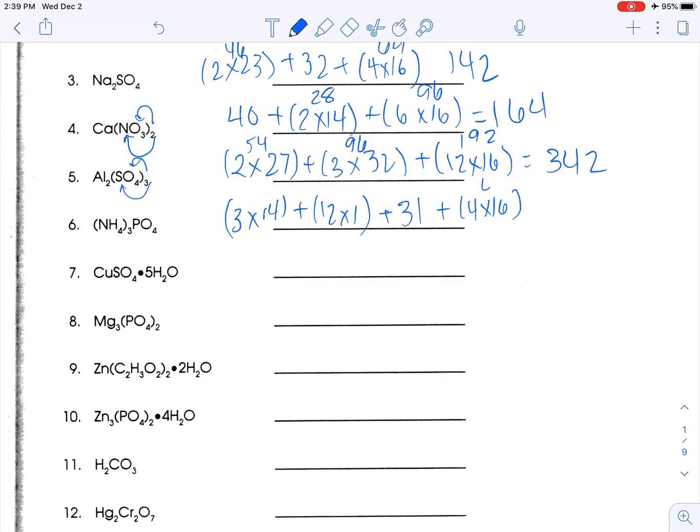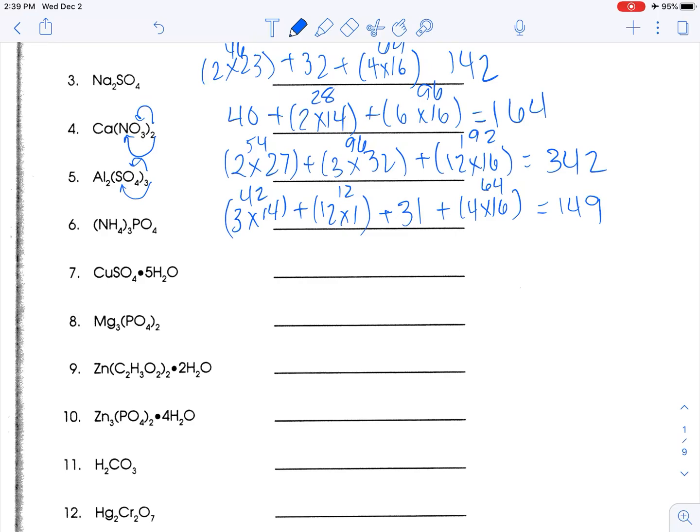So 4 times 16 is 64. 14 times 3 is 42. 12 times 1 is 12. 42 plus 12 plus 31 plus 64. 149 grams per mole.